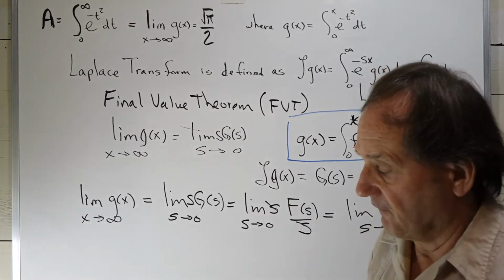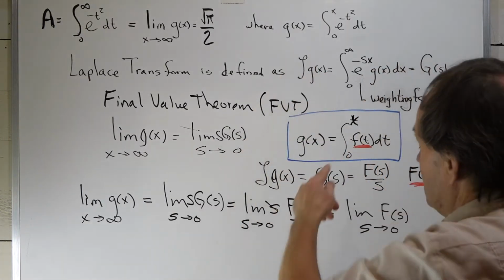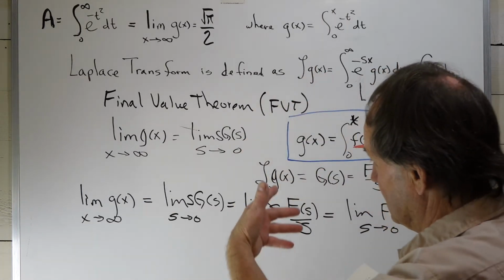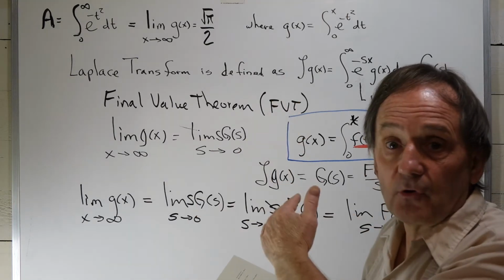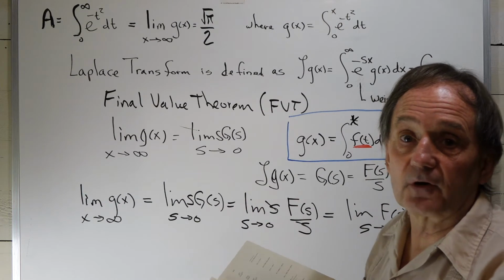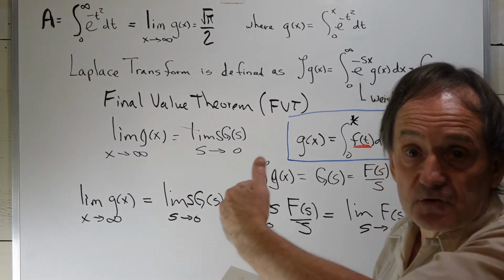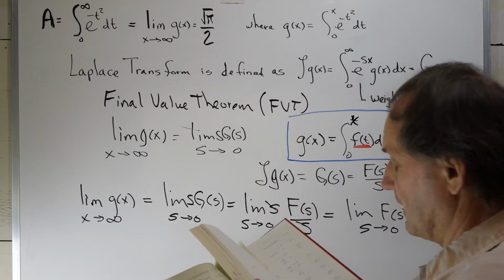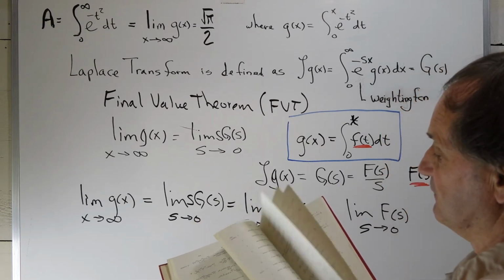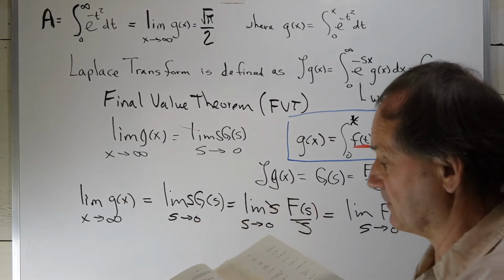You have functions in the x domain or in the t domain, and in the table, you look up the function you want, and then it gives you the Laplace transform. And this book has over 300 pages of different functions and transforms.